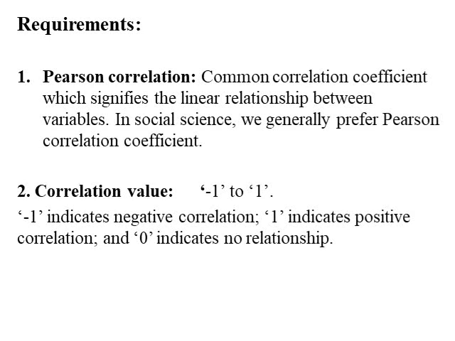Correlation value is very important to see positive or negative or no relationship between variables. The value lies between -1 to 1. -1 indicates negative correlation, 1 indicates positive correlation, and 0 indicates no relationship. Please follow examples in the next slide.